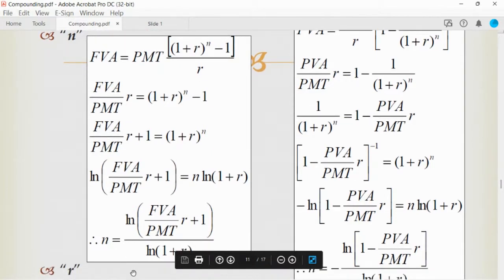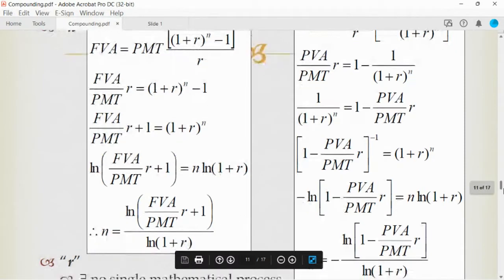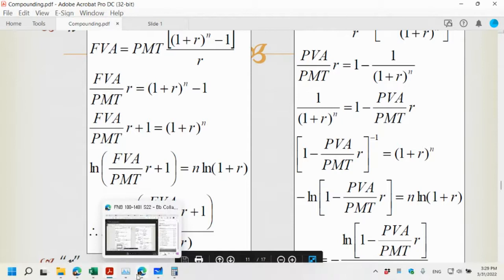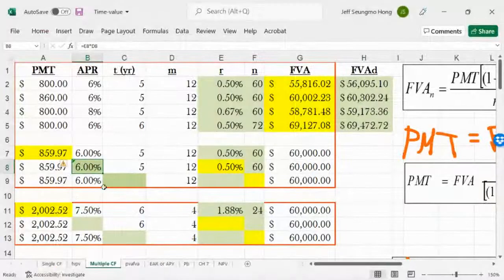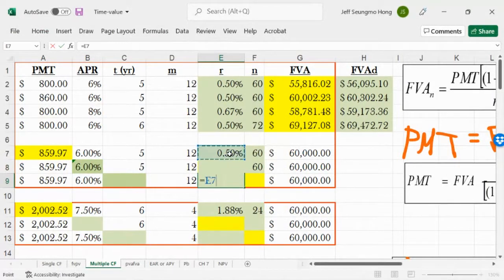By applying this formula, it's the natural log of future value over payment times r plus 1, over the natural log of 1 plus r. In the denominator, it's always the natural log of 1 plus r. So we'll apply that here. Of course, this needs to be filled in already.